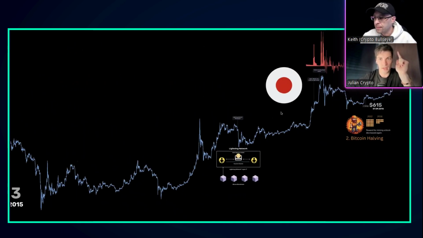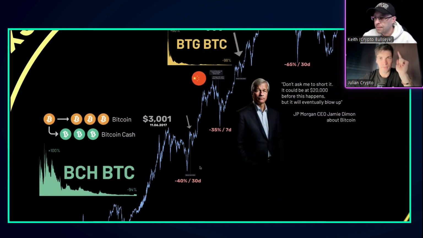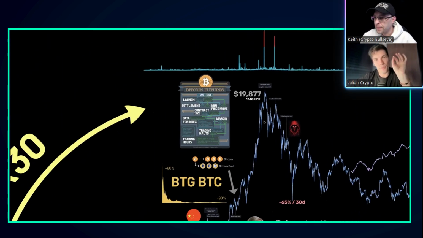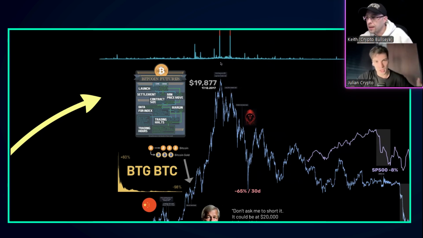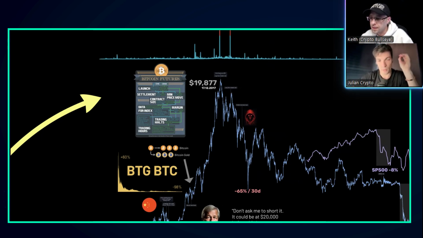Let's go to 2017. In 2017, the structure was pretty similar, just at the top, but that time was quite different because there was a positive event at the top. Most of the market was longing and believing that after Bitcoin entered the futures market on the Chicago Mercantile Exchange on December 17th, that was the ideal top of the 2017 bull market.